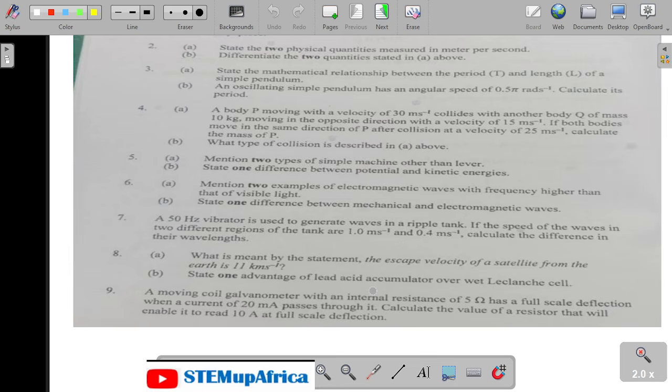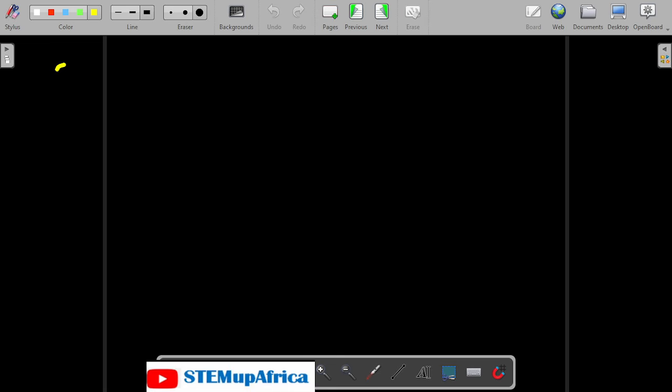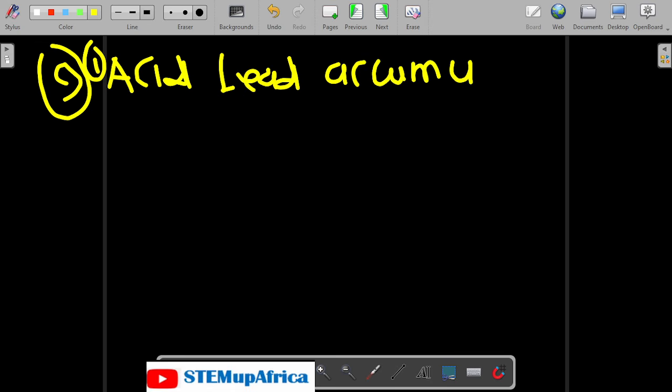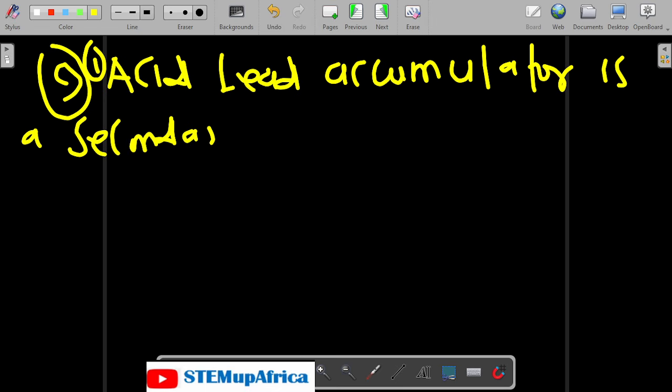Number 9 now, the acid one, let me state as many differences as I can. The acid lead accumulator is a secondary cell.